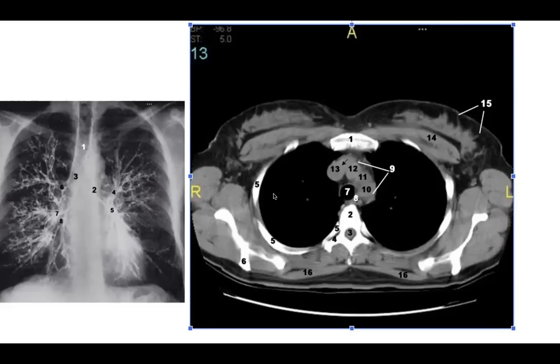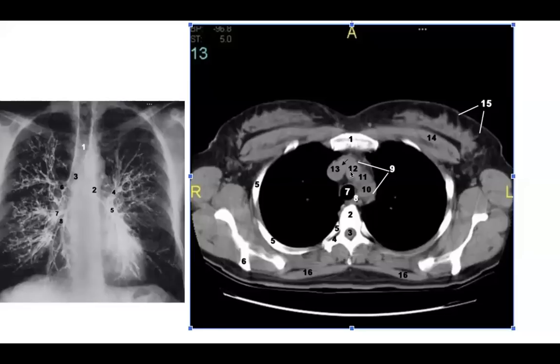And what is number 13? The right brachiocephalic vein. Close. I think brachiocephalic trunk. Again, close, but not correct. Oh no, brachiocephalic trunk would be 12, right? Yes, yes. Okay. See, it's good to review.